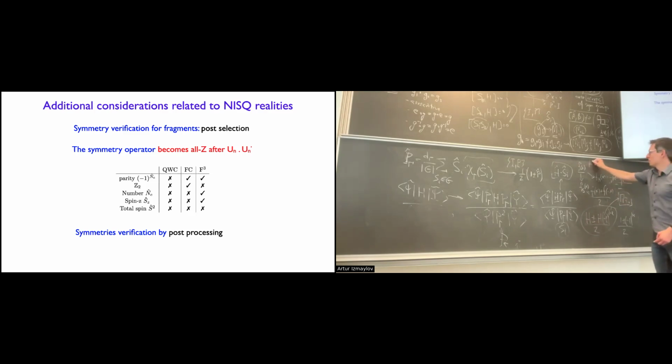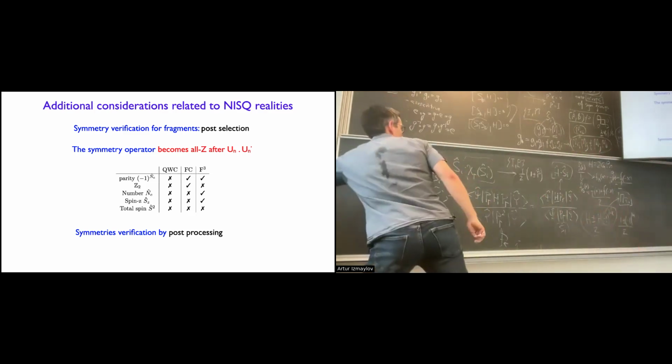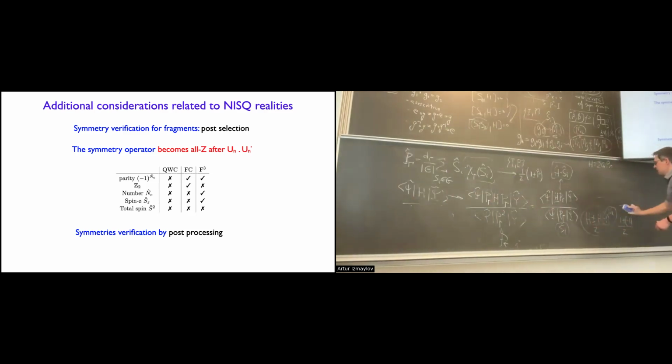So H, imagine, is a linear combination of Pauli products, and then on top of that, H needs to be multiplied by 1 plus product of these, divided by 2, right?